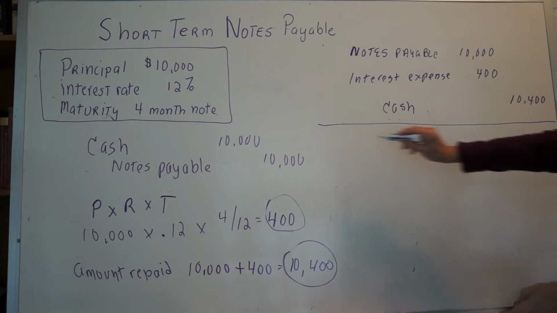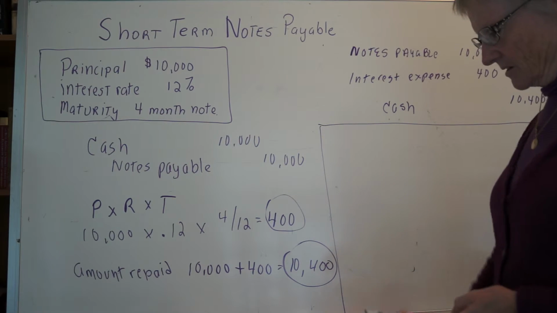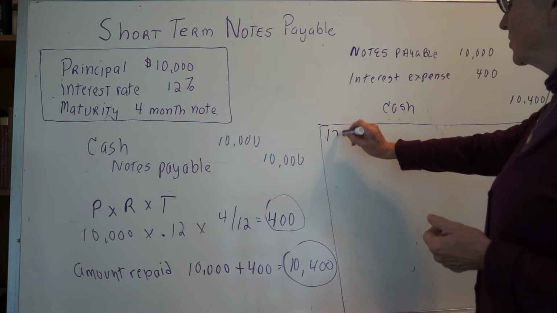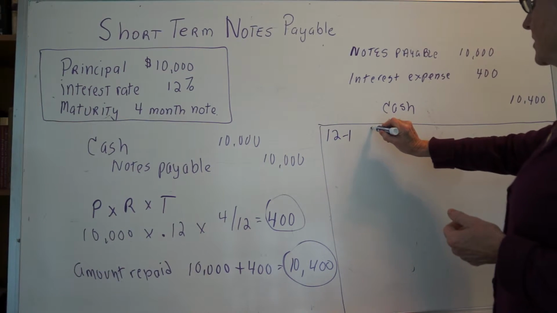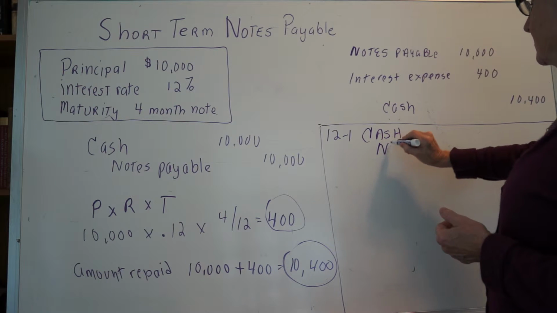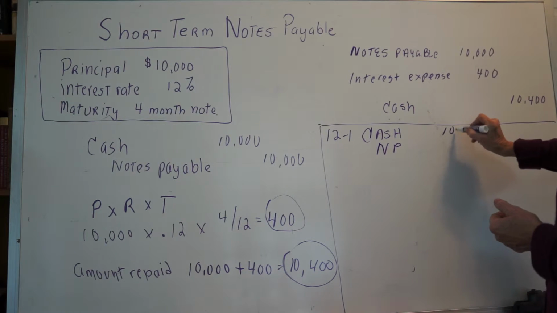What if it doesn't? What if, say, the date of the note was 12/1, and so on 12/1 we get the cash and we have a note payable for $10,000.